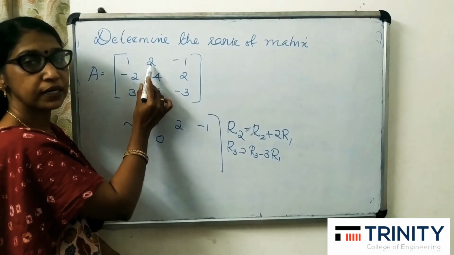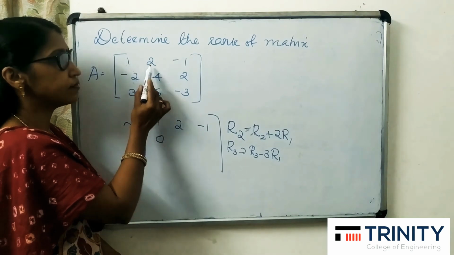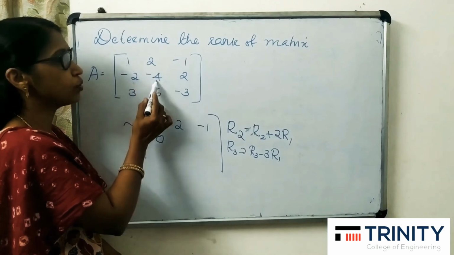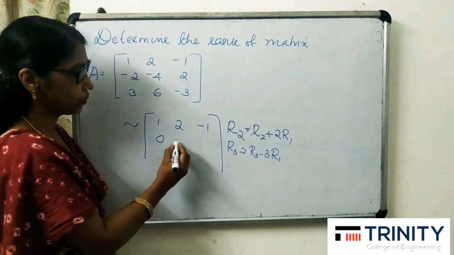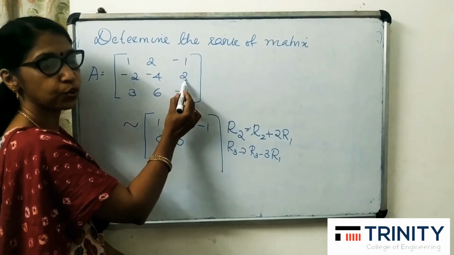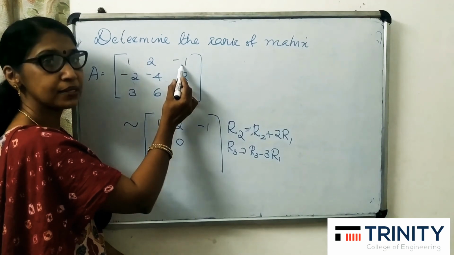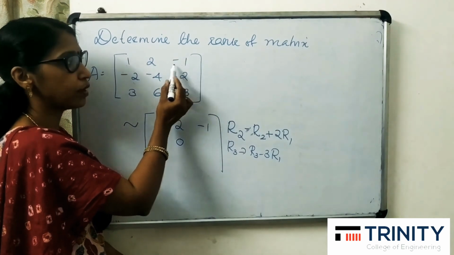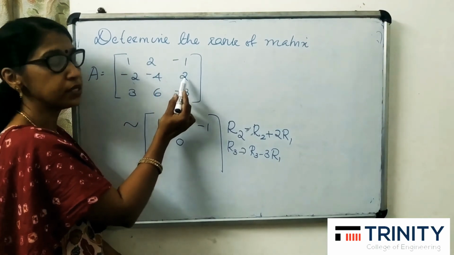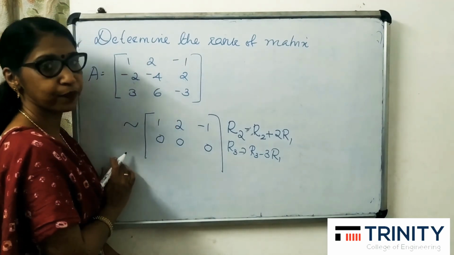Multiplying 2 by 2 and adding, we get -4 plus 4, which is 0. Here the element is 2; multiplying -1 by 2 we get -2, and adding these two elements, 2 plus -2 is 0.